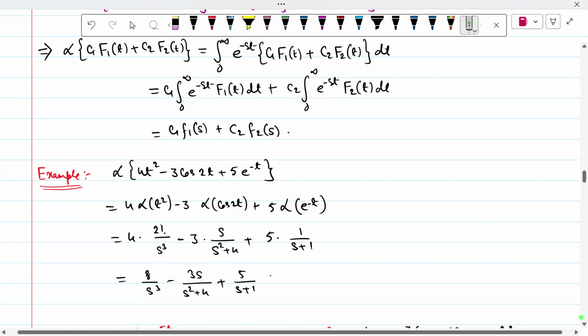Now we know the Laplace transform of t square is factorial 2 by s cube. And what is the Laplace transform of cos 2t? We proved in the previous lecture that the Laplace transform of cos 2t becomes s by s square plus 4. And similarly, for e to the power minus t, we get 1 by s plus 1. So just simplifying, we get this.